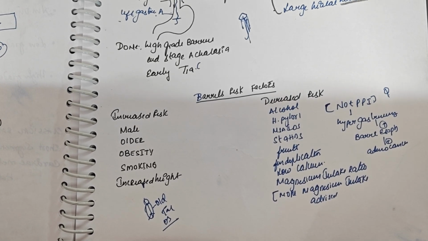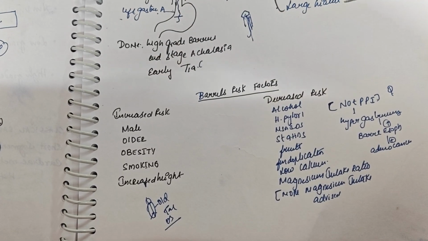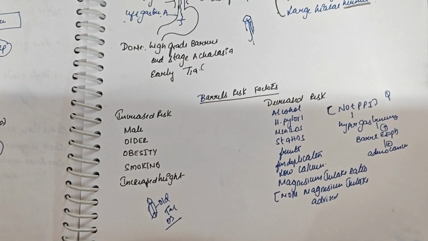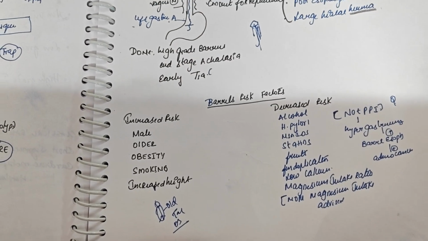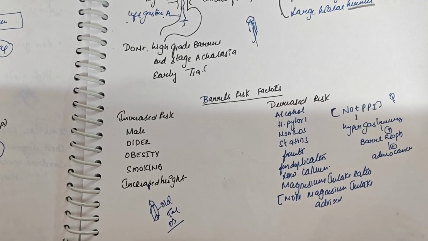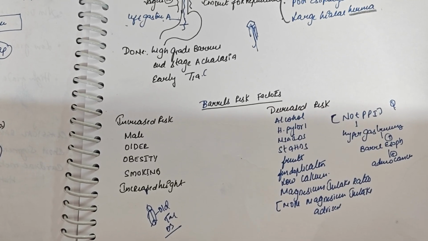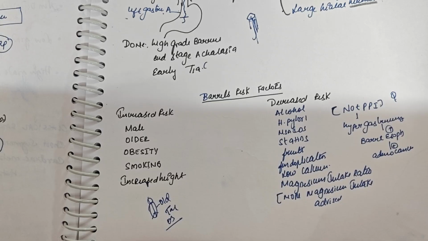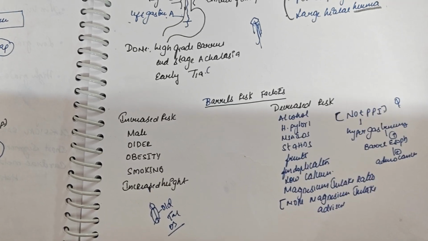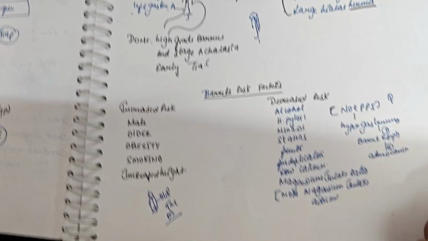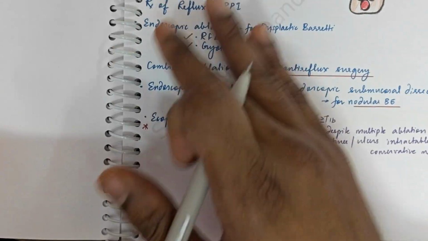We should also understand that PPI increases hypergastrinemia. Once there is hypergastrinemia, ultimately Barrett's esophagus and ultimately adenocarcinoma. So these are the basic risk factors we need to understand.